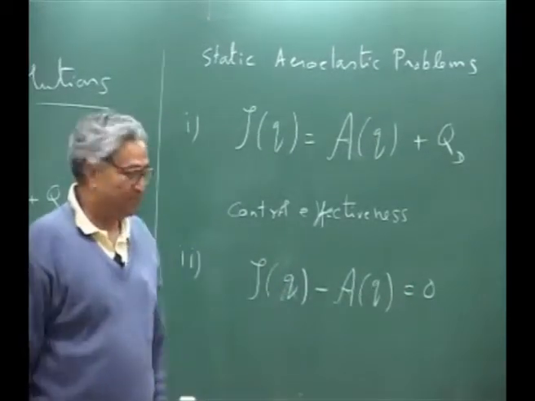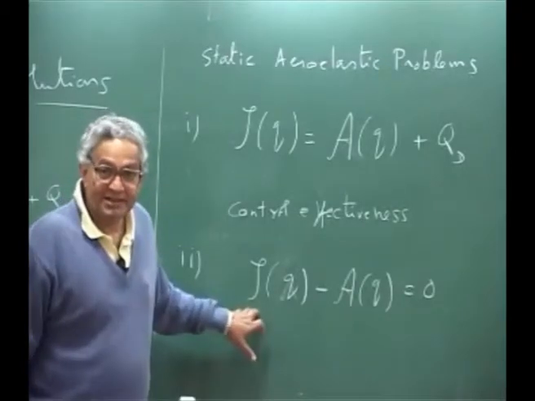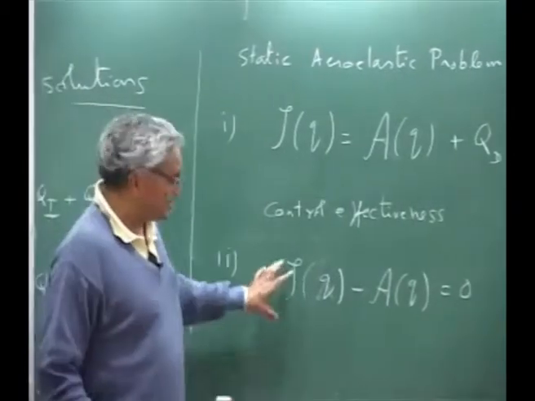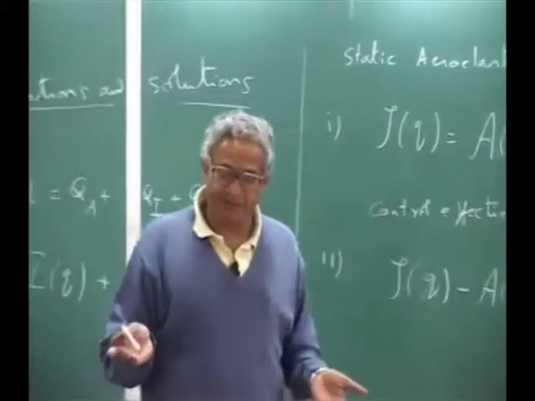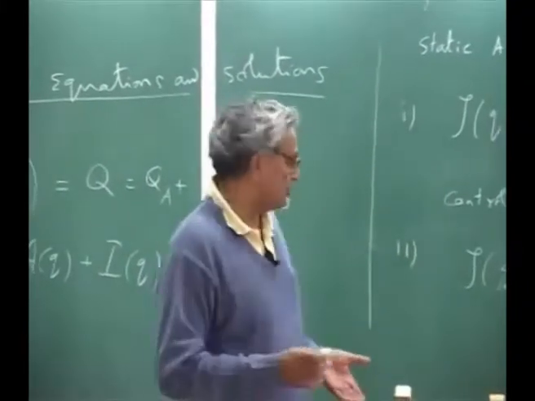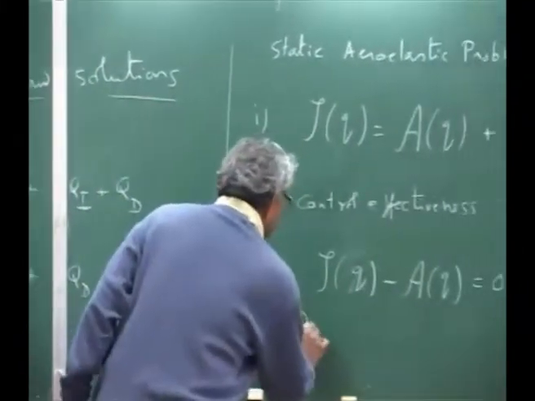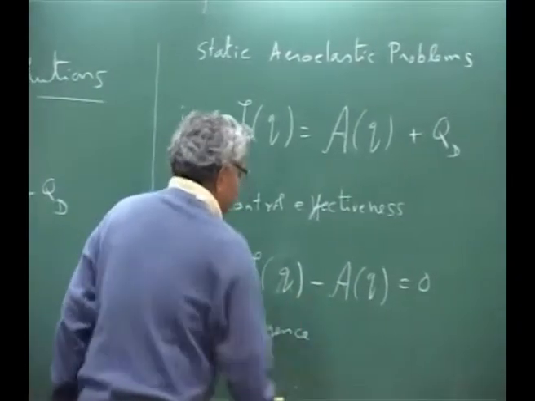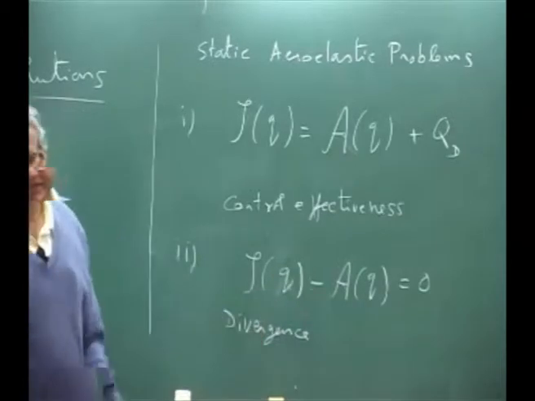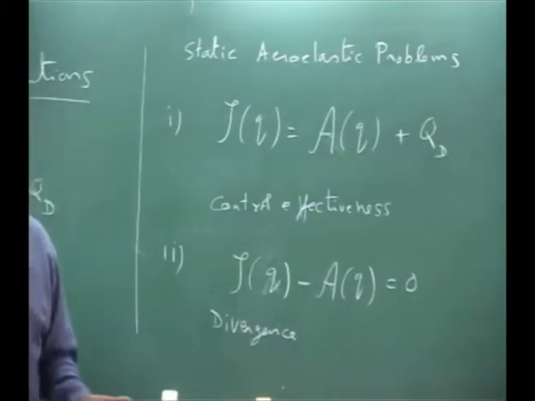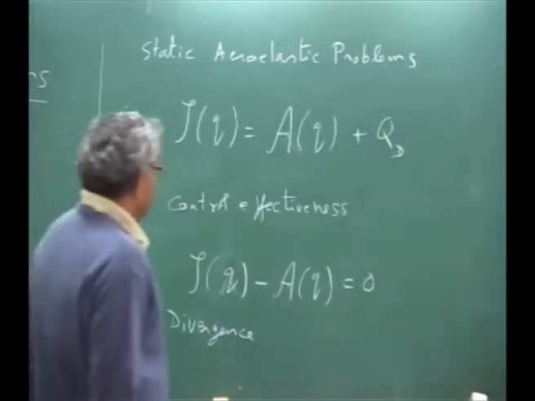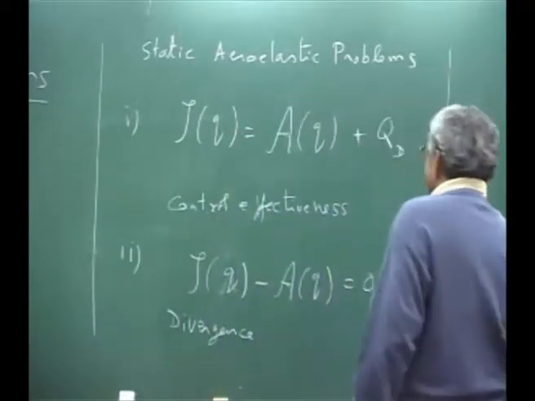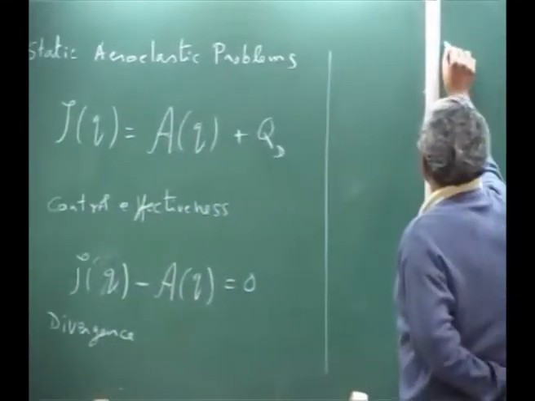Now this is a divergence problem. This is similar to buckling, which is like an eigenvalue evaluation. So this is the divergence problem: wing divergence, divergence of lifting surface. Now if I take inertia into account, this is dynamic.